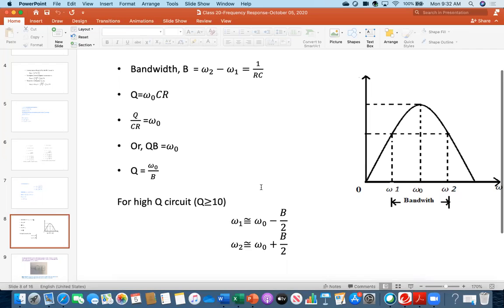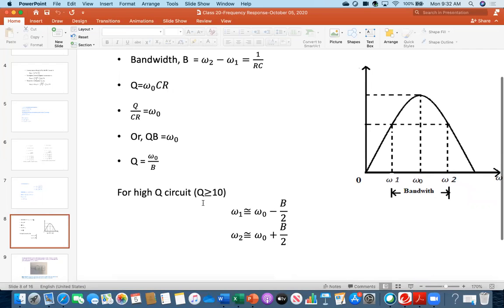And then if you remember, last class I was telling if the Q value is high. So what is the definition of high? The definition is that if Q is greater than or equal to 10, then you can make this approximation: omega 1 is almost equal to omega naught minus B by 2, because this is the total bandwidth B over 2, and omega 2 is omega naught plus B by 2.